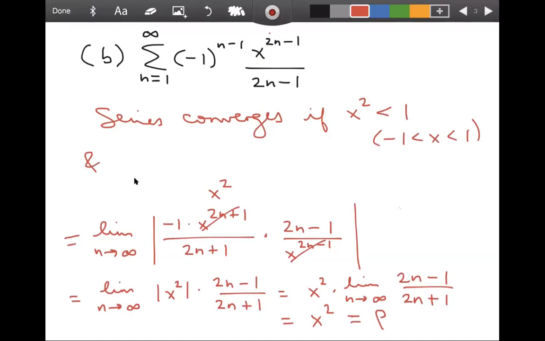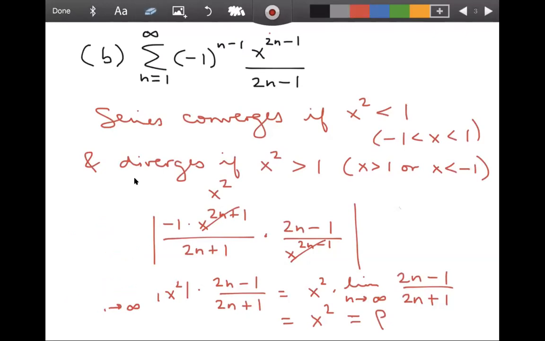And diverges if x squared is greater than 1. In other words, when x is greater than 1 or less than negative 1. All right, so again, we have to look at the endpoints. We need to look at x equals 1 and x equals negative 1.